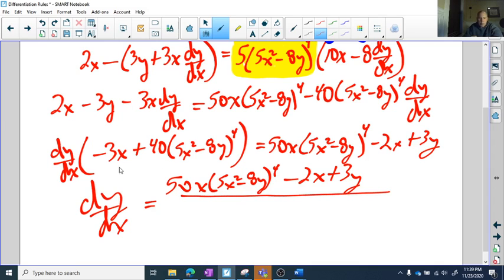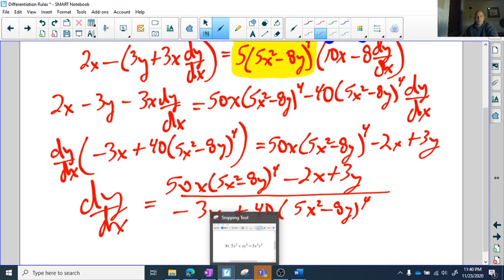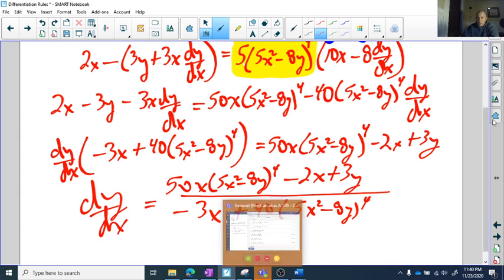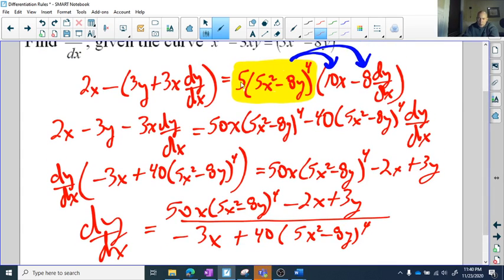That will all be divided by this: negative 3x plus 40 onto 5x squared minus 8y to the 4th power. All right, so you have to distribute whatever's out in front of your chain rule into that second part of the chain rule. And that'll allow you then to freely move your terms around.